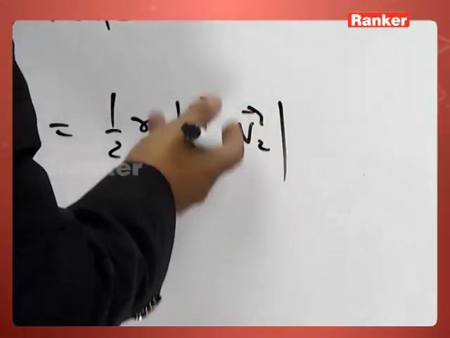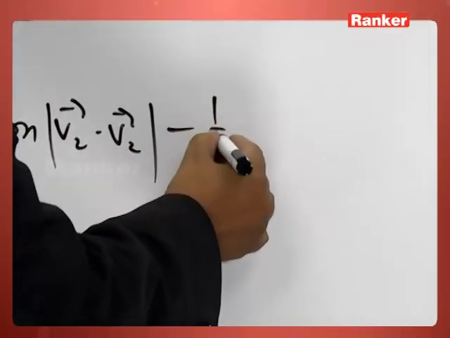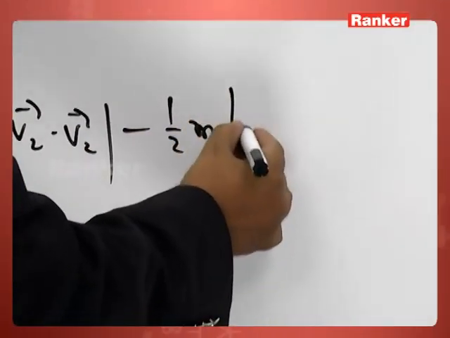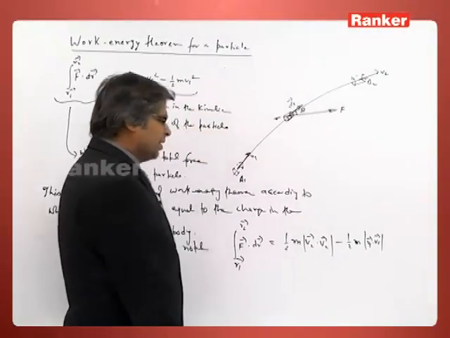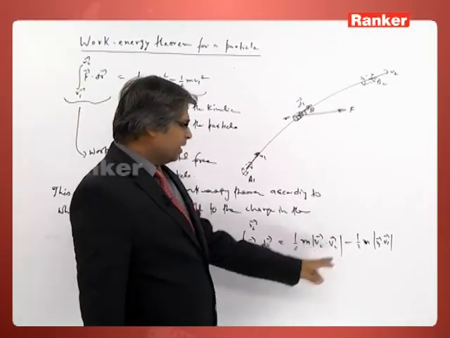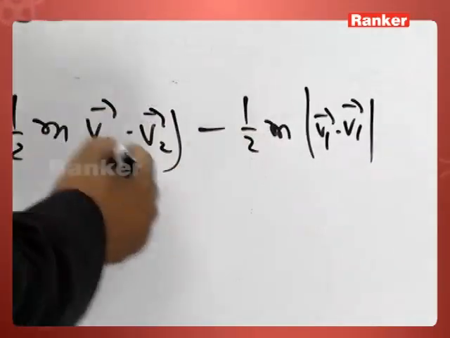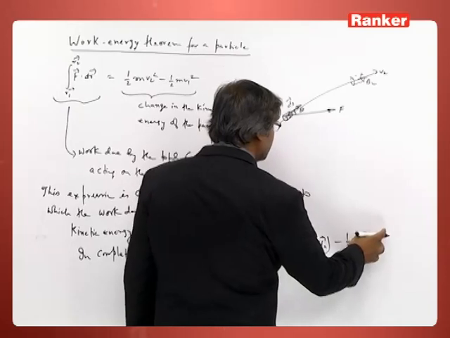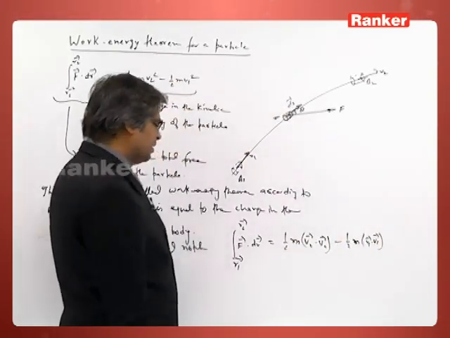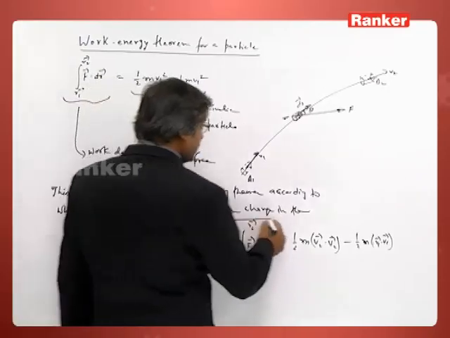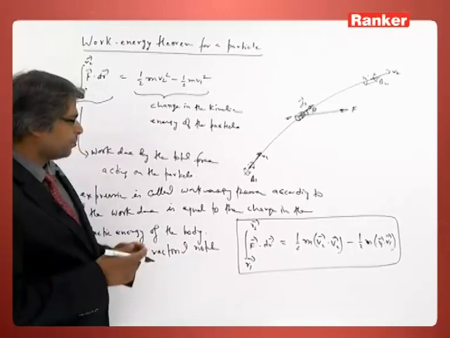So v2 dot v2 is itself a scalar quantity, minus half m v1 dot v1. So no need of modulus, we can write it like this. So this is the work energy theorem for a particle.